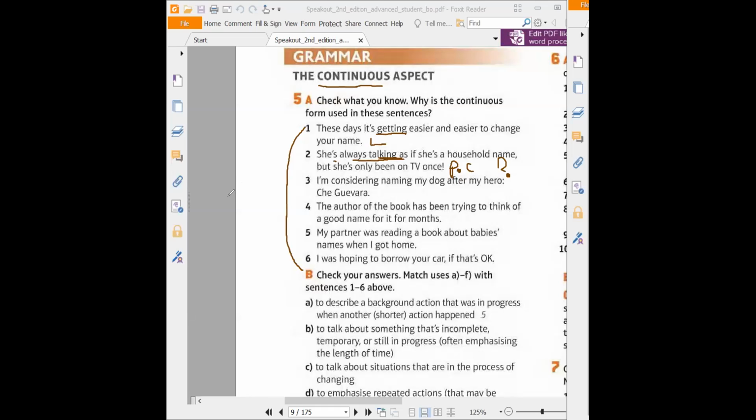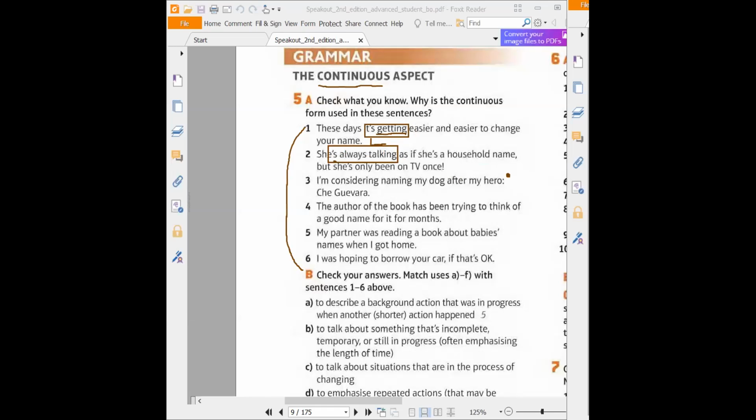Oh, I don't know how I can make them quiet. So when you really feel annoyed about something, yes, we use the present continuous. She's always talking as if she's a household name. The one who said that sentence is obviously a little bit annoyed about how she always talks on the phone.